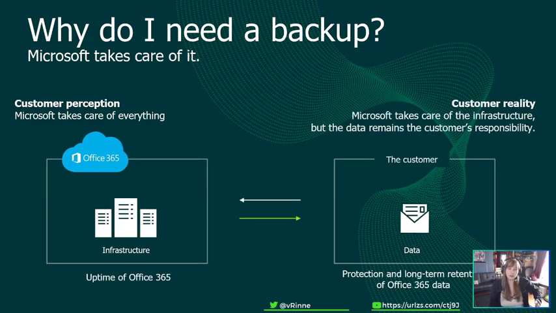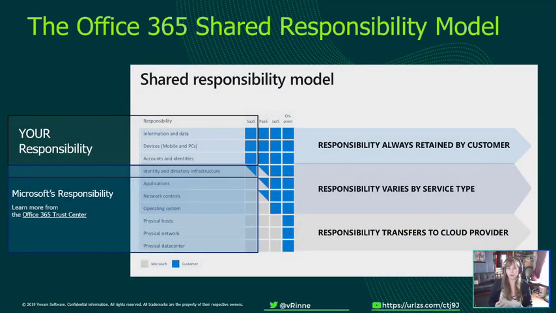Microsoft Office 365 is responsible for redundancy in your current data, the hardware that's underlying that data, and all of the networking to get to that data. Now, the data itself is actually the responsibility of the customer in this model. This is what Microsoft calls the shared responsibility model.